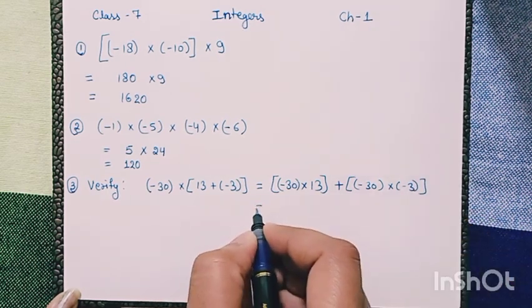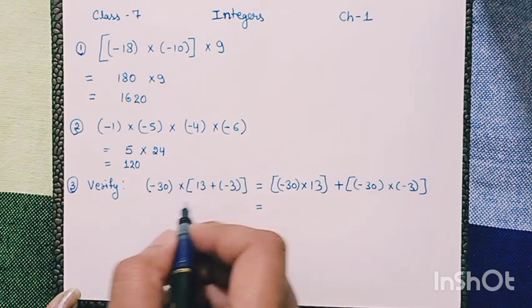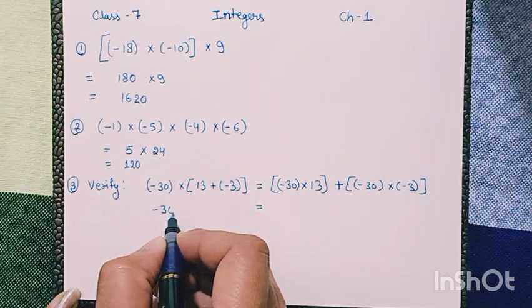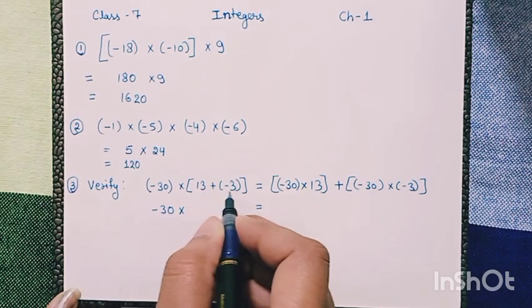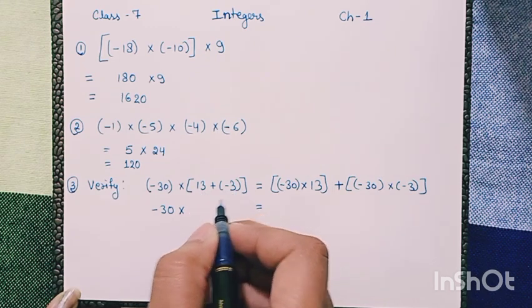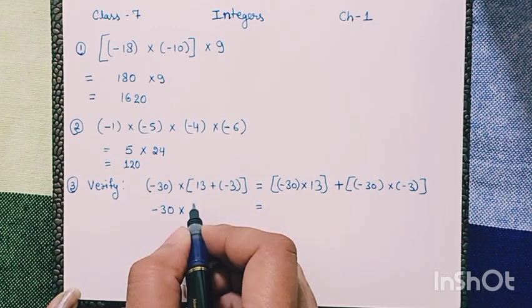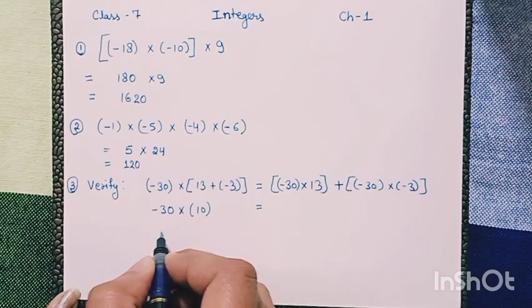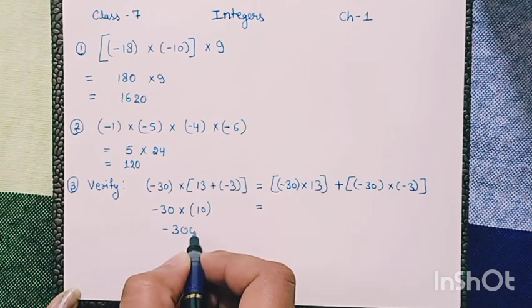Now let's solve these one by one. First, solving the left side, it will simply give us minus 30 multiplied by, in this bracket, 13 and minus 3 will give us plus 10, and we have the answer minus 300.